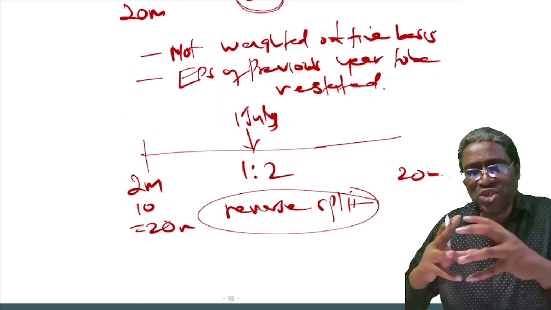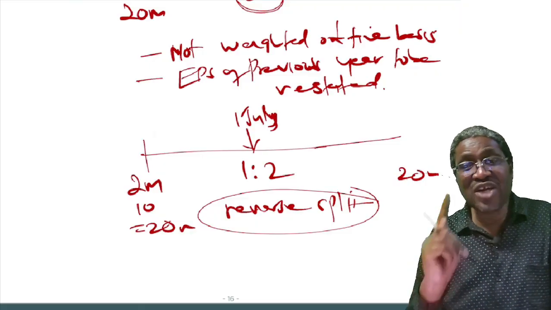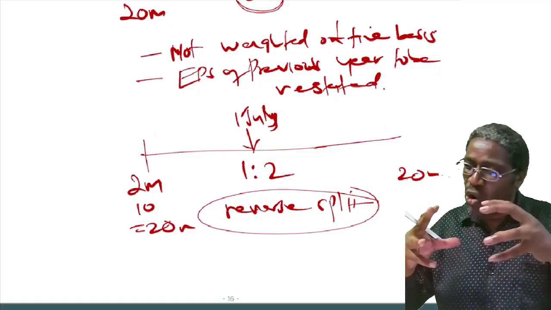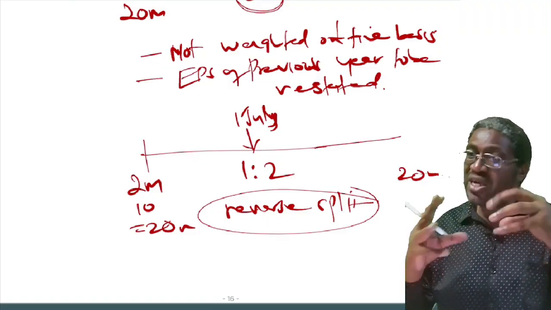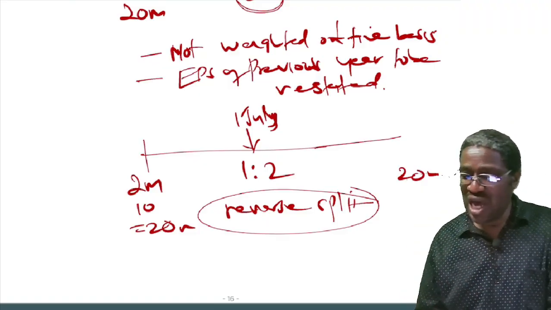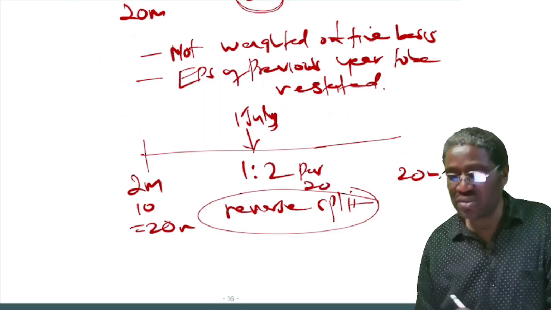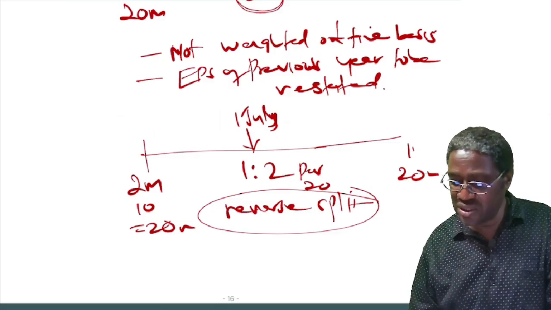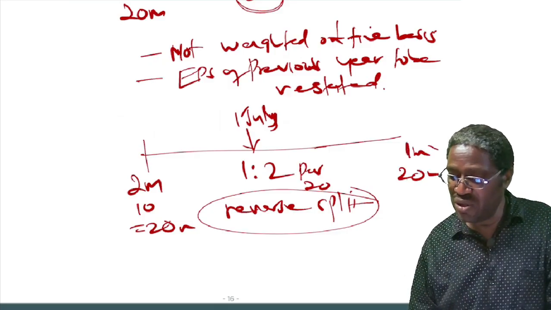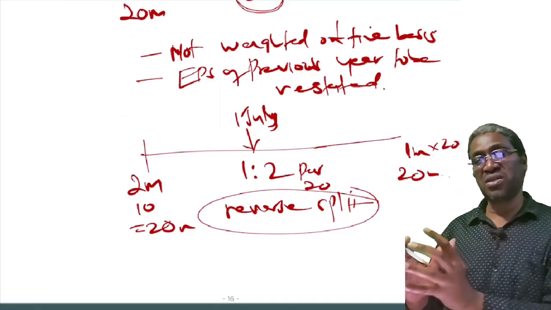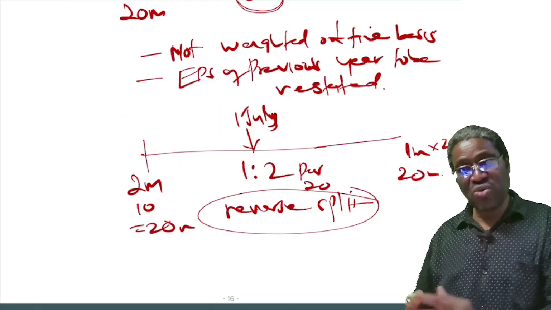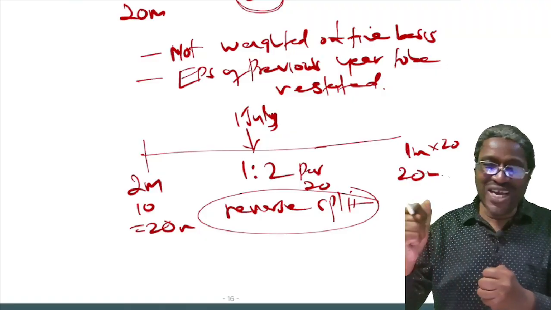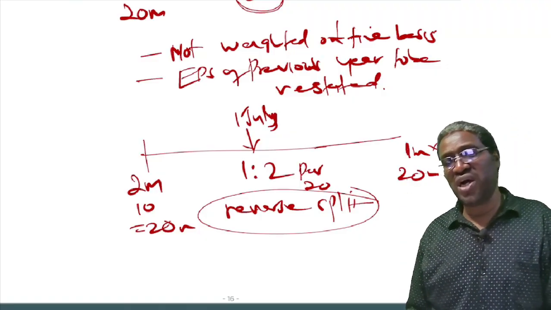But from 1st July, we are consolidating 2 shares into 1, so our par value will be 20. We shall have 1 million shares of 20 shillings each, giving us 20 million. So in a reverse split, we consolidate the number of shares, meaning we increase the par value.